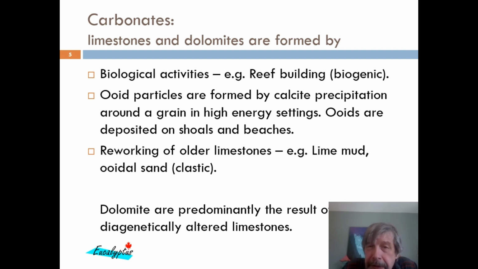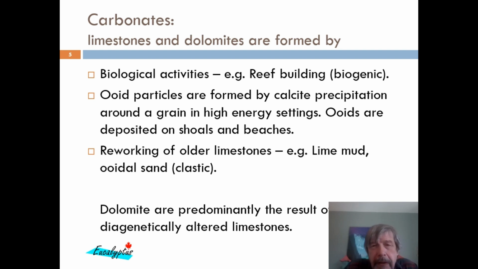A mixture of lime and shale we call marl, right? Those carbonates are typically formed by biological activities. The most famous example is something built up by animals. It's biogenic, and they are known as reefs.